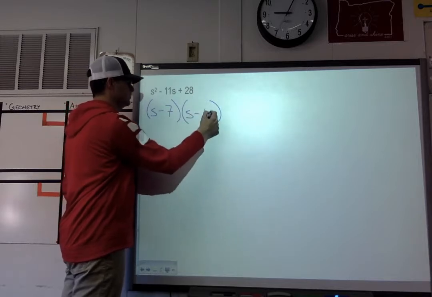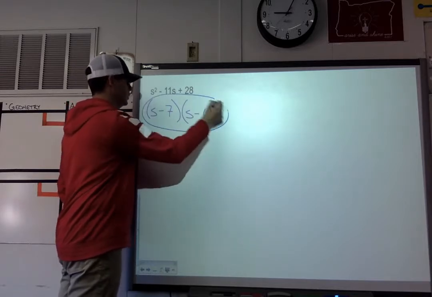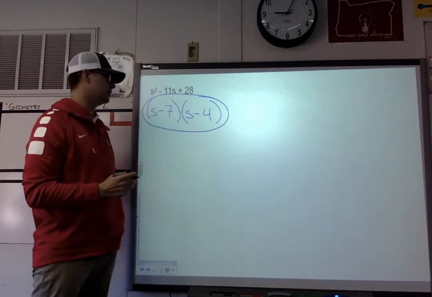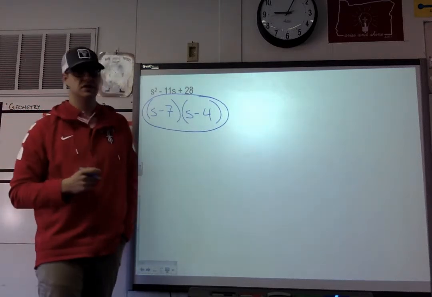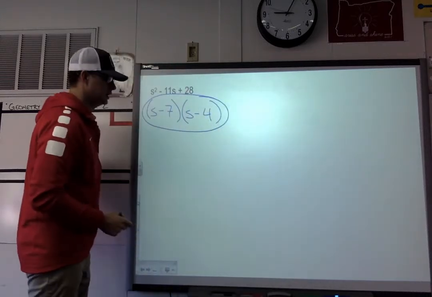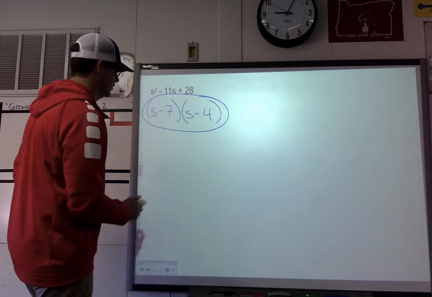So -7 and -4. S minus 7 times S minus 4. Again, if you're not sure if you're doing these right, you can always go back and FOIL in order to check to make sure you got the right answer.